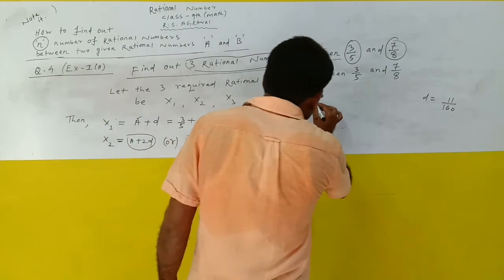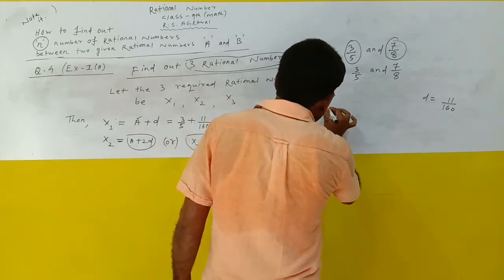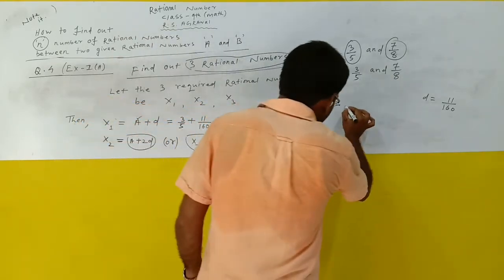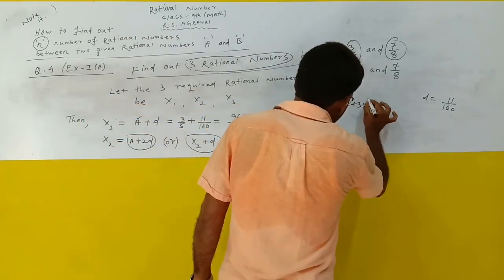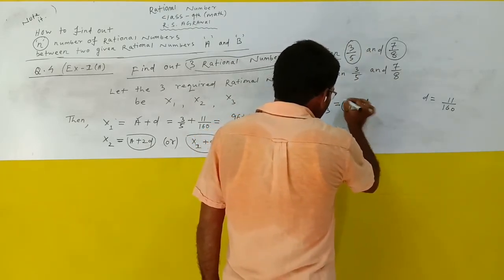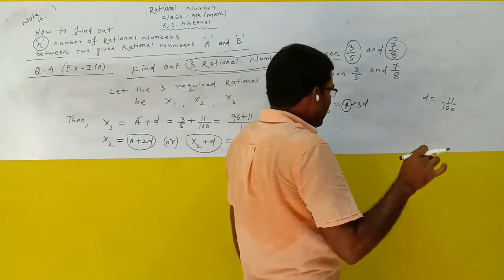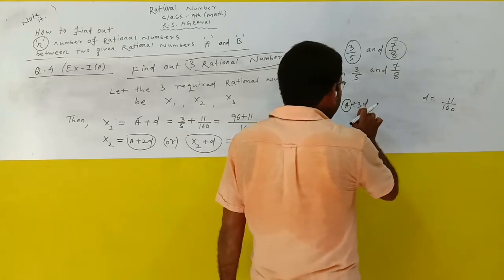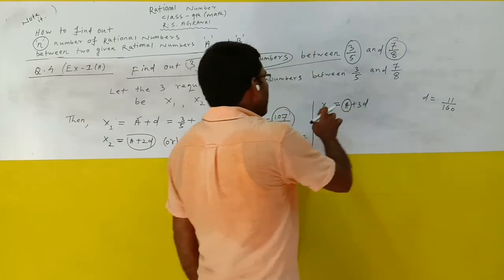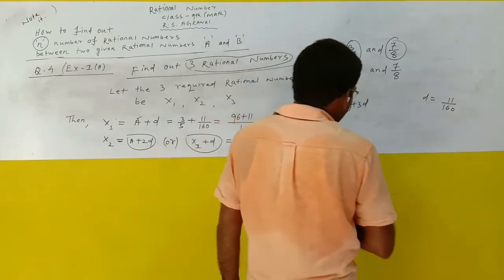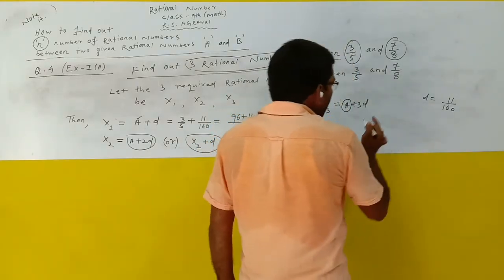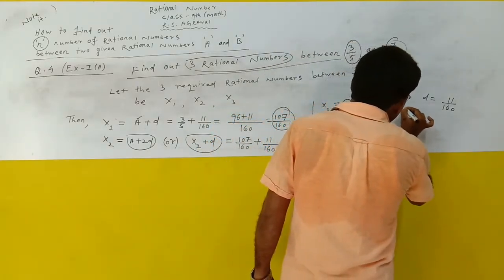Similarly, you can find the third required rational number, that is x3, by using the formula a plus 3d. A is your first given rational number. And when 3d, it means 3 times d, is added to A, you can get the value of x3, or the third required rational number. Or you can use the formula x2 plus d.